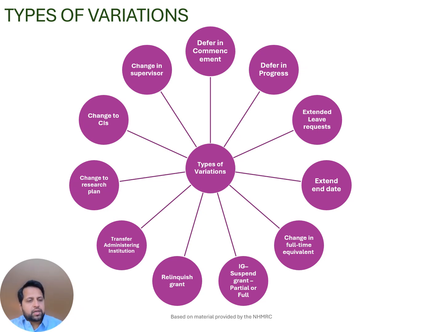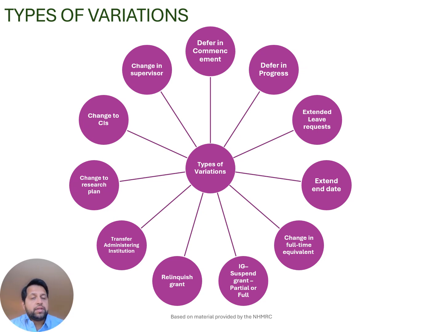What happens is the primary institution tells the new organization that this grant is going to be transferred to you, and they give them the dollar value of the unspent funds at their organization. The new organization will raise an invoice. Once the invoice is raised, the money will be paid by the initial administering organization to the new administering organization, and the initial administering organization will provide a financial acquittal to NHMRC saying the money has been or will be transferred.